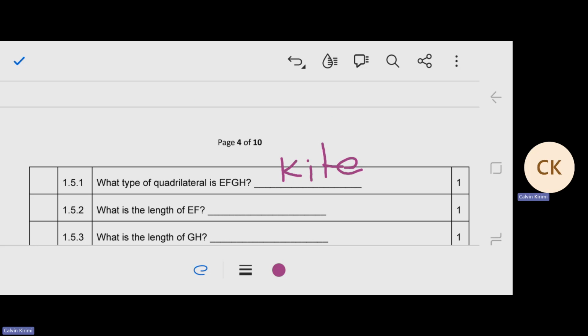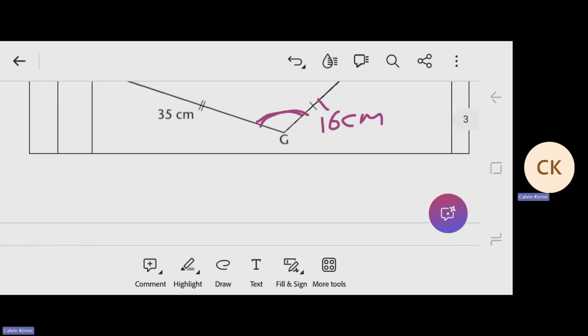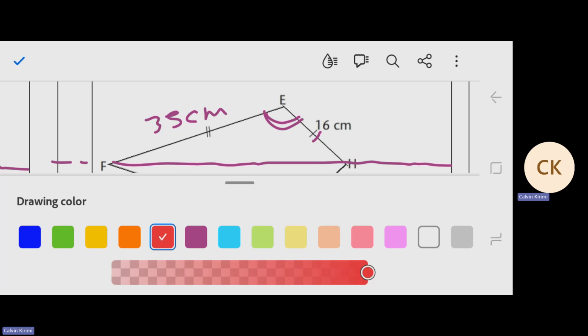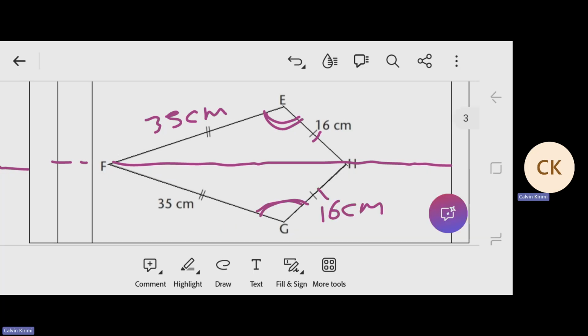What is the length of EF? We go to the diagram and check where EF is. You must be able to identify which side they are talking about.